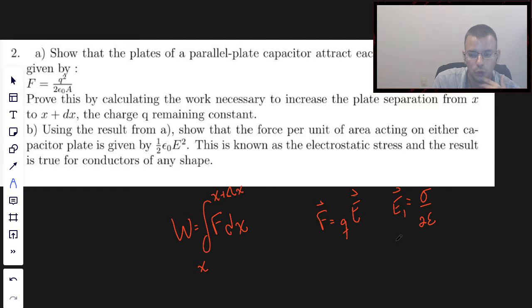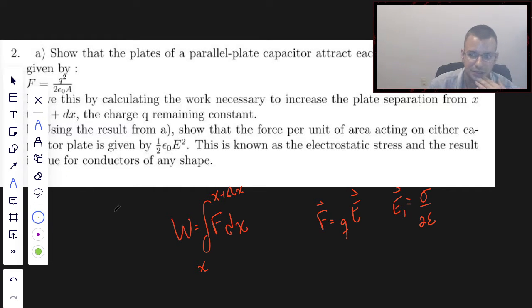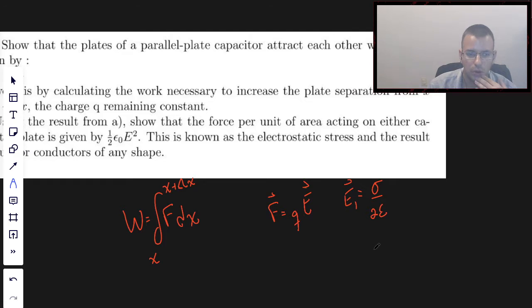I have that memorized and I'm assuming it here, but it can be derived using Gauss's law, or from the electric field of a point charge, kQ over R squared, with integrating, symmetry, and a little bit of trig.